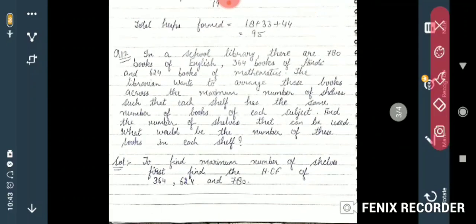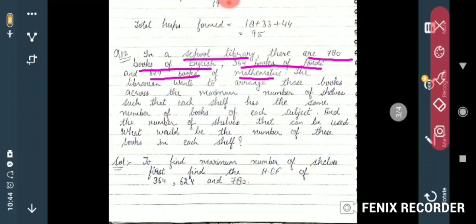Now the next question is, in a school library there are 780 books of English. As you know very well, in a library, books are there. So 780 books of English, 364 books of Hindi, and 624 books of mathematics are there.